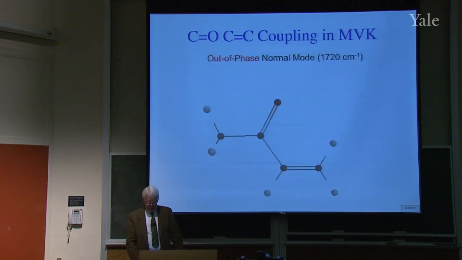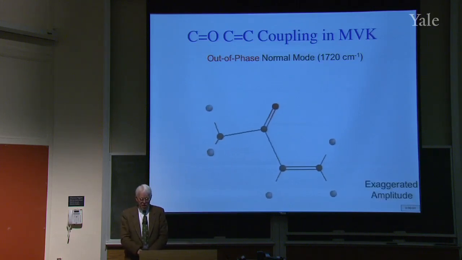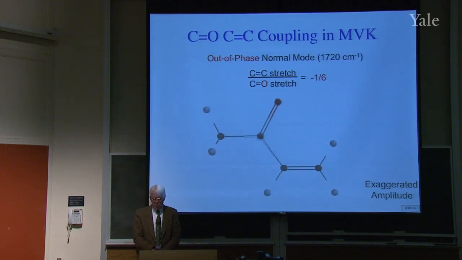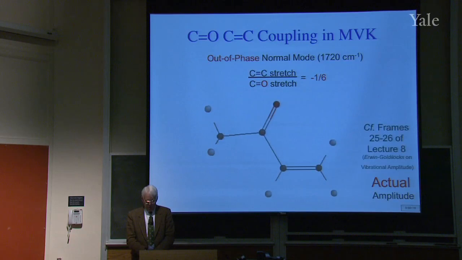And here's the out-of-phase normal mode, mostly the CO vibration, a little bit of CC, and as one stretches, the other shrinks. That's exaggerated, so the CO is moving 6 times as much as the CC, and the actual amplitude is like that. And if you look at lecture 8 last semester, you can see where we talked about what vibrational amplitudes are.